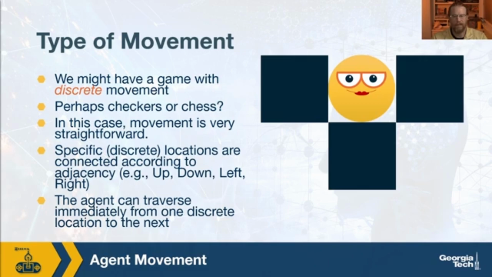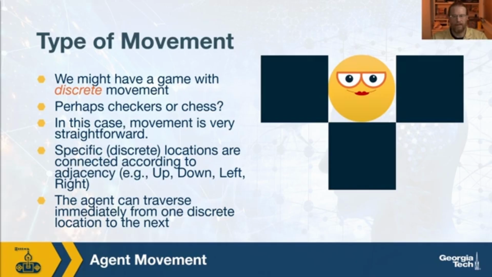They're unique locations for your agent to move, and so there's not this kind of smooth, gradual sort of changing movement, which we'll see when we talk about continuous movement, but instead these very clear locations for the agent to be placed. So in this case, movement is very straightforward.